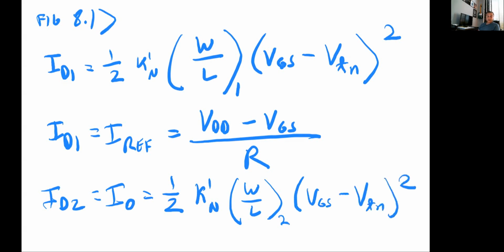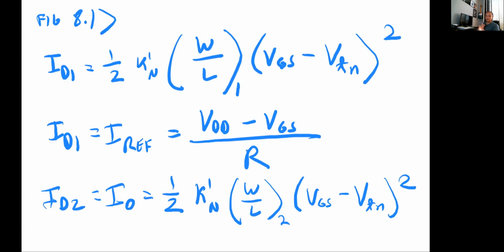So that's my second equation. Remember that to get a good value of Iref, I do need a good value of R. But then all I want to do is derive all different currents, to do all different kinds of biasing in my design, as a multiple of that Iref.